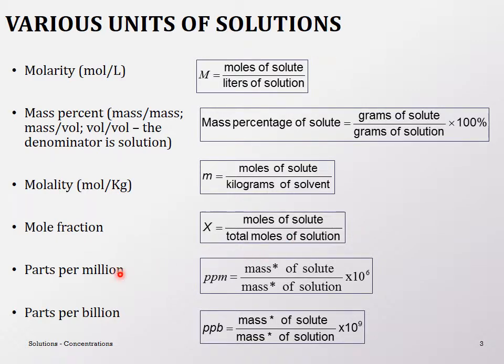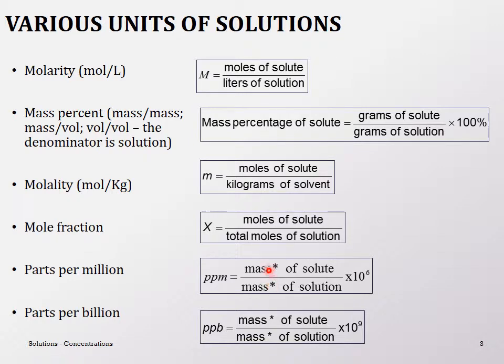And then there's parts per million and parts per billion of any substance. Now the parts per million has to do with 10 to the power of 6, right? Because 6 zeros make up a million, and then 9 zeros make up a billion. So the reason that you see these little stars on here is because this has to do with the units that you're using here.